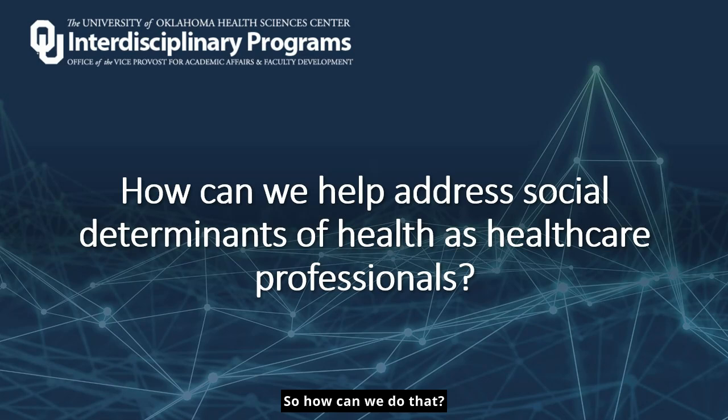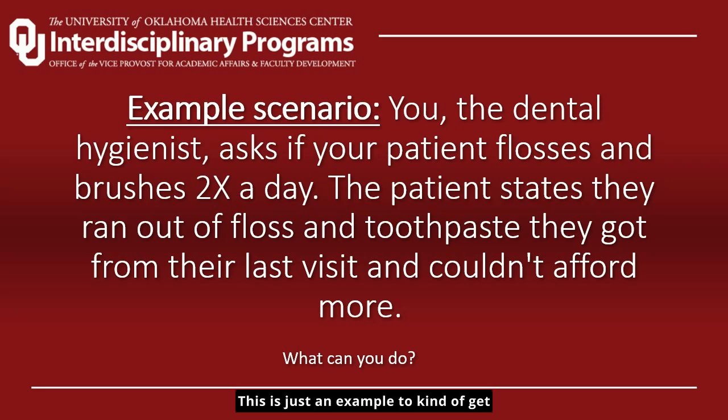So how can we do that? Well, that's what we're here for today. So next. This is just an example to get people thinking about how even small things can fall into something that are social determinants of health and that we might be able to do something about. So in this example, it's looking at our colleagues who are in the dental business.